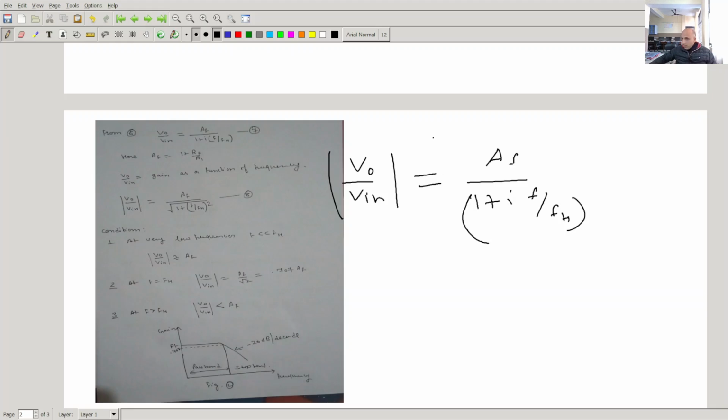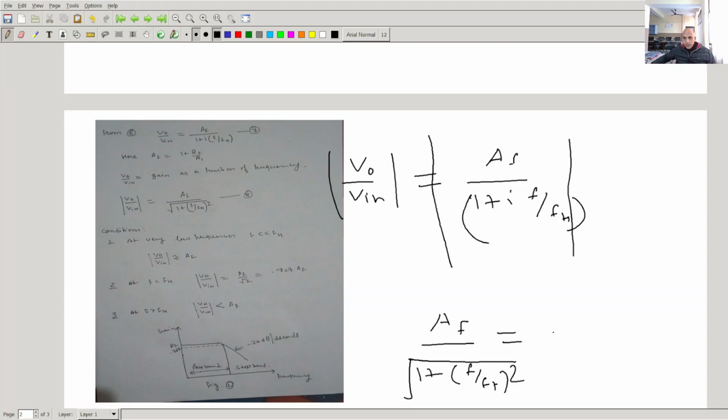If you take the magnitude of this side also, then it will give you AF upon 1 plus F upon FH square, whole term under the root.